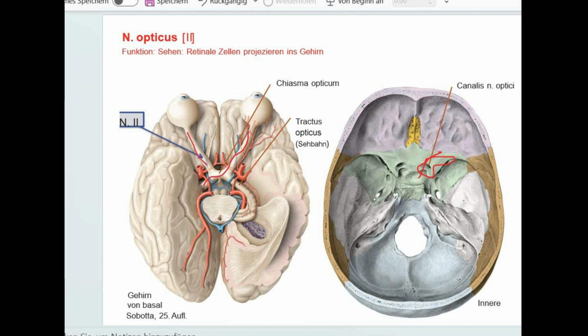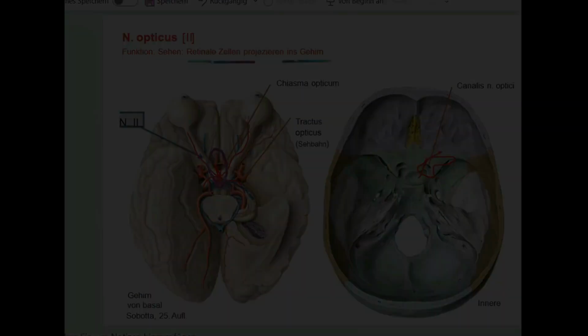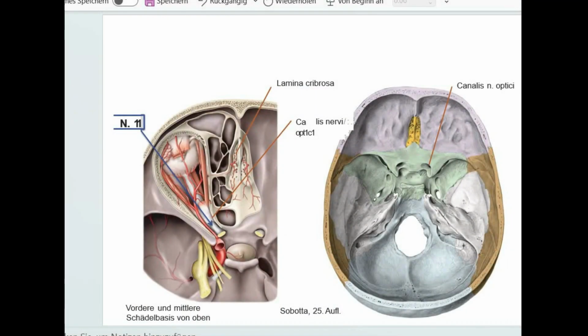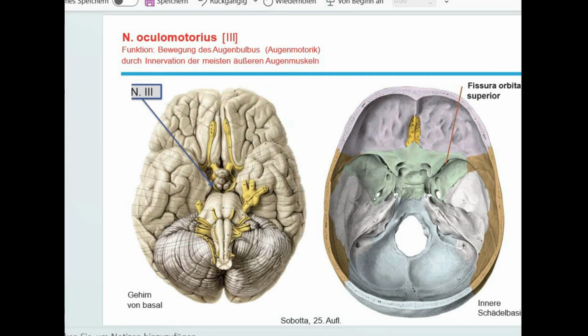Where the optic nerves from the right and left meet is called the chiasma opticum, and then comes the tractus. The main optic tract function is sensory, and the retinal projection is still being developed.